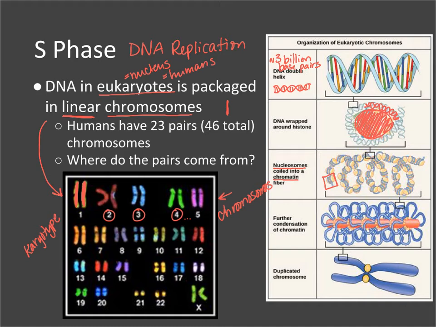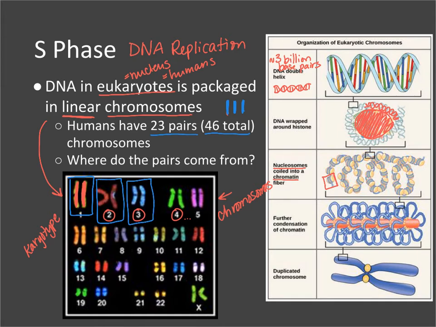Now, humans have 46 total chromosomes. So we have 46 of these bar-shaped chromosomes, but it's better to think of them as being in the form of 23 pairs of chromosomes. You can see on the karyotype down here that we have these pairs. Rather than saying we have 46 chromosomes, we say that we have 23 pairs.